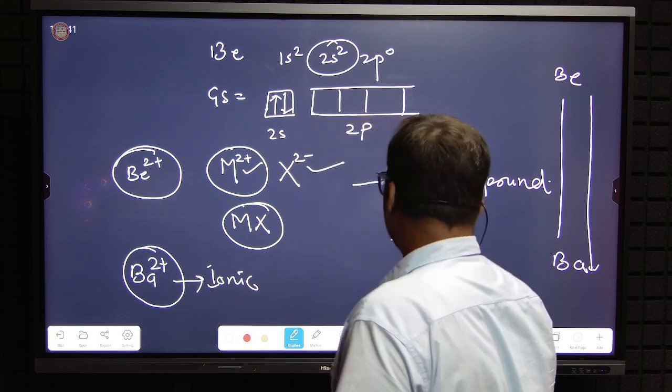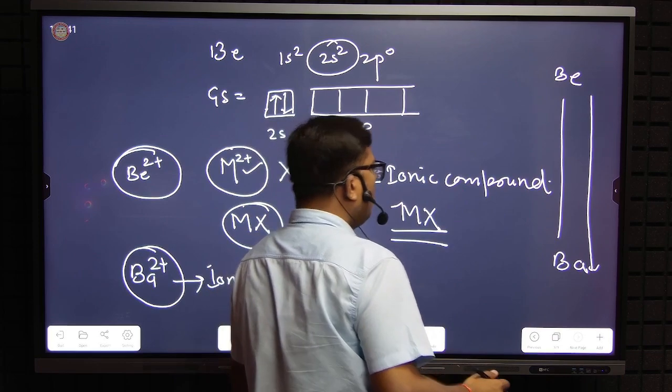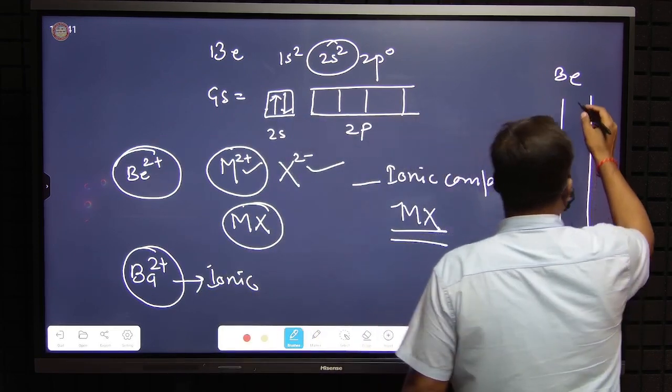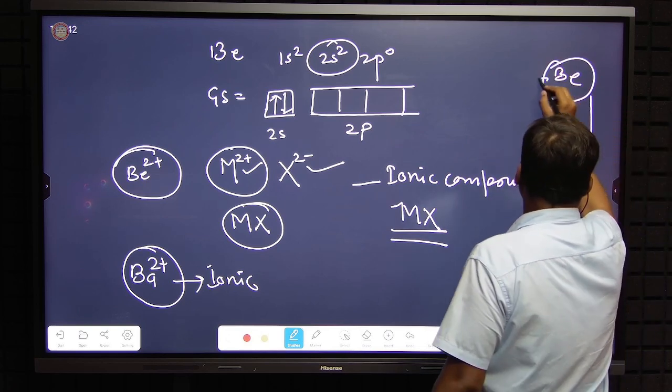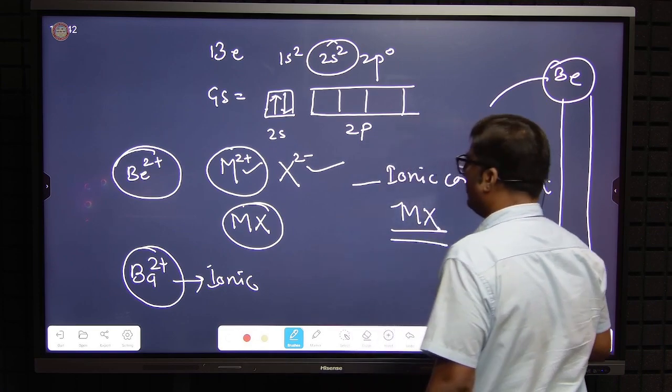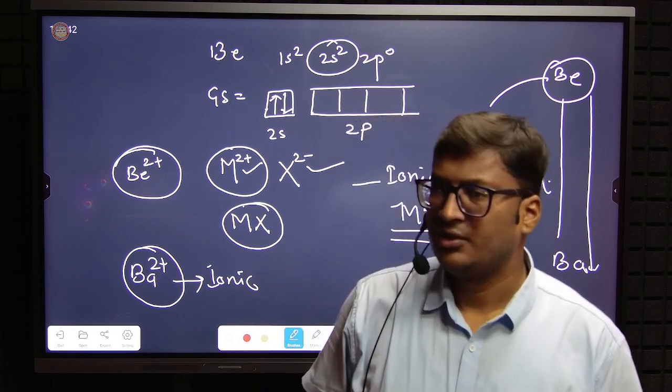So barium compounds are most ionic, but beryllium compounds are ionic as well as covalent in nature.